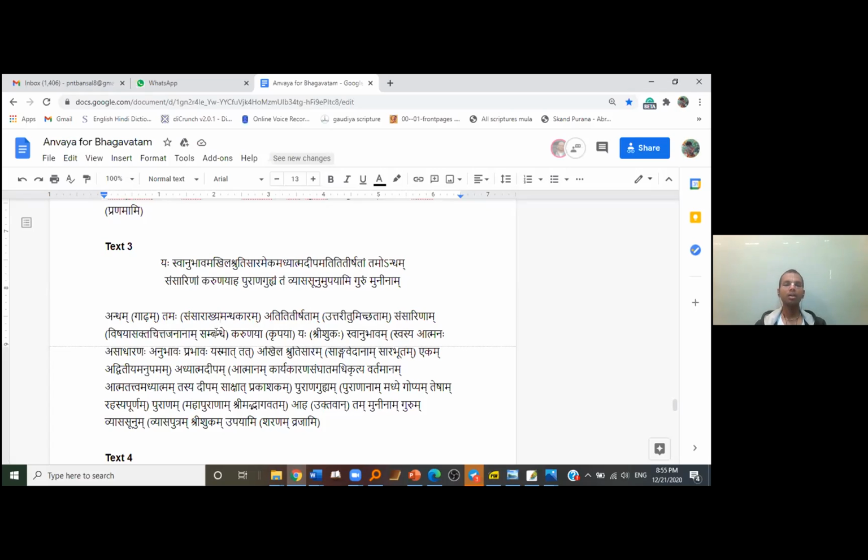Samsarinam karunayah purana guhyam tam vyasa sunumupayami gurum muninam.